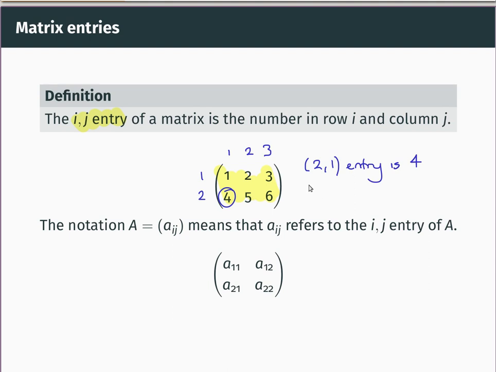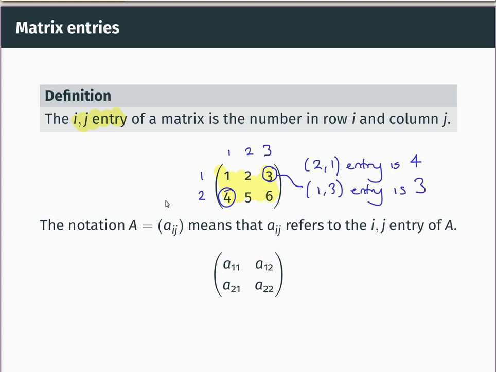On the other hand, the 1, 3 entry, that is the entry in row 1 and column 3, so that's this one here. So that is 3.